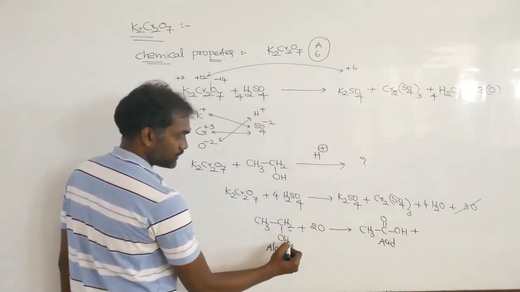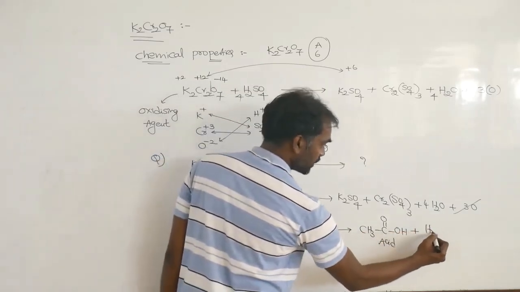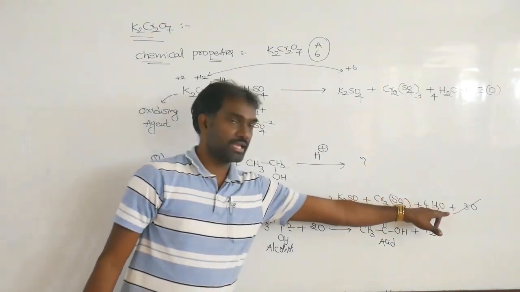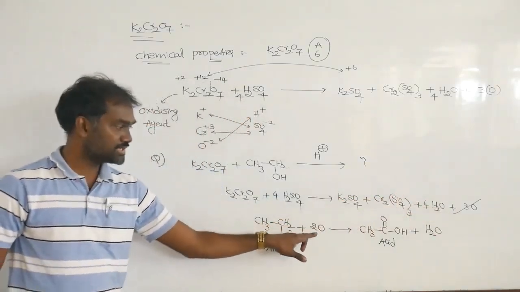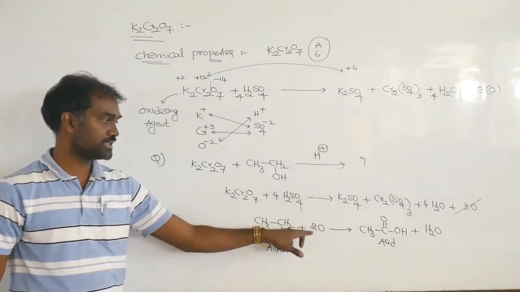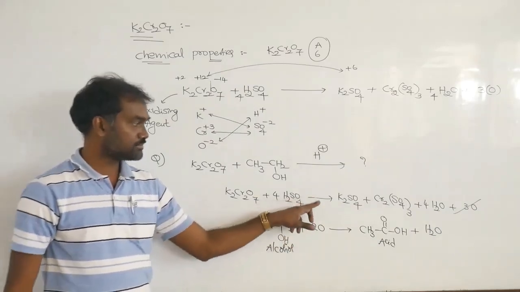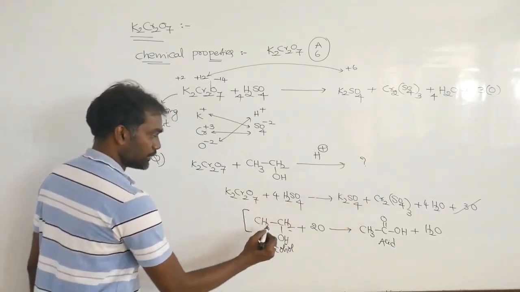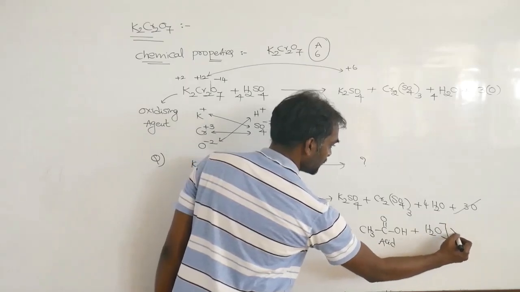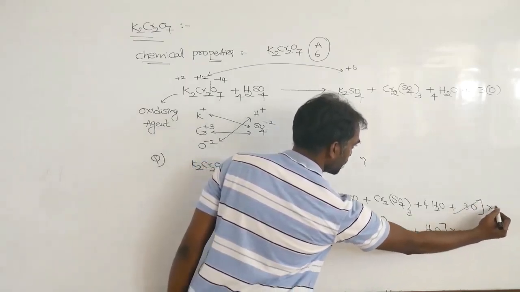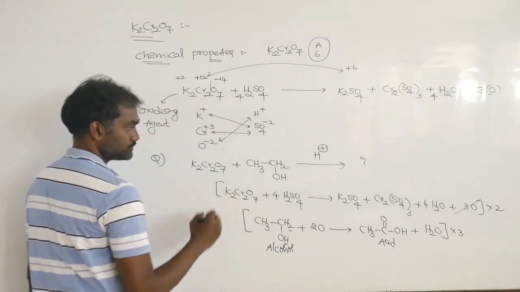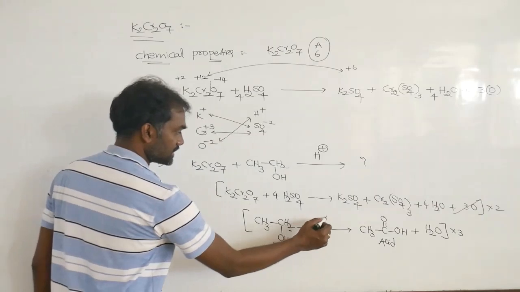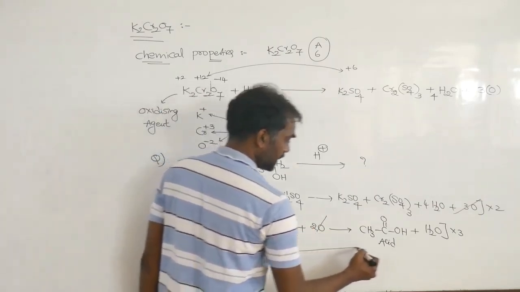Next, here one hydrogen with oxygen, so H2O is eliminated. See here, outcoming is 3 oxygens, here utilizing 2 oxygens. So how to balance these two? So this is multiplied with 2, this is multiplied with 3. So then only balance is happened. So this is multiplied with 3, this is multiplied with 2. So 3 2s are 6 oxygens gone, 3 2s are 6 oxygens gone. So now this is your balance.